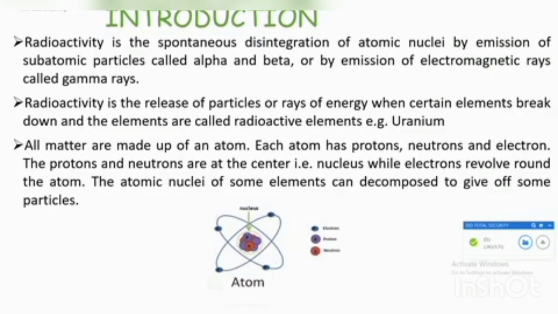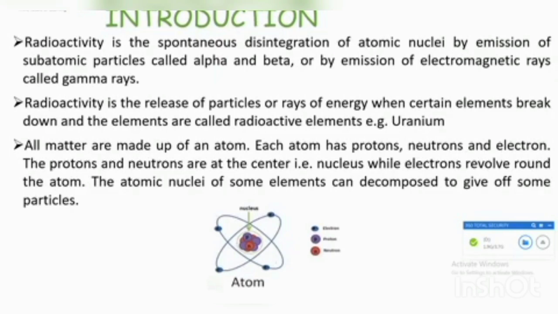Remember that matter is anything that has mass and occupies space, and all matter is made up of atoms. Each atom has protons, neutrons and electrons. The protons and neutrons are at the center, that is the nucleus, while electrons revolve round the atom.